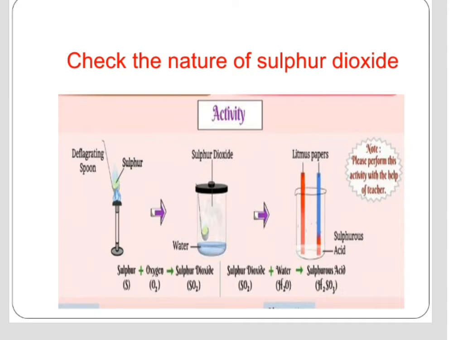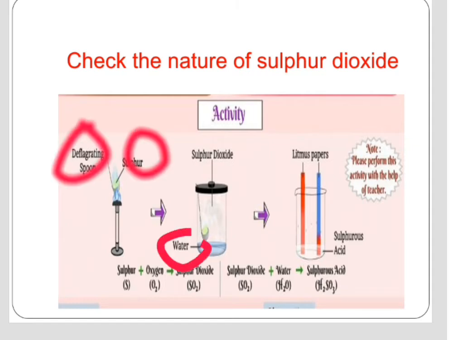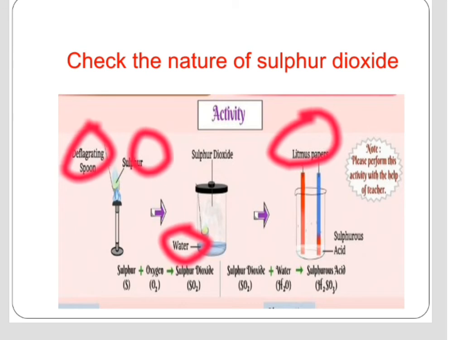Next activity: check the nature of sulfur dioxide. Material: deflagrating spoon, sulfur, water, and blue and red litmus paper.